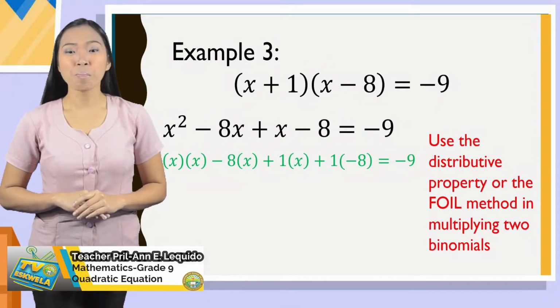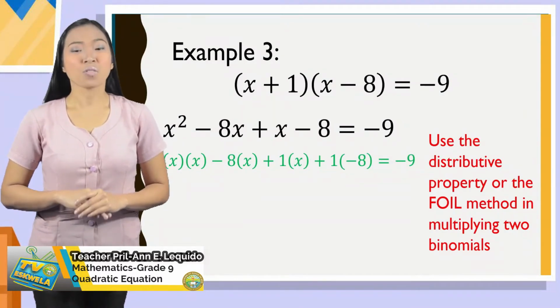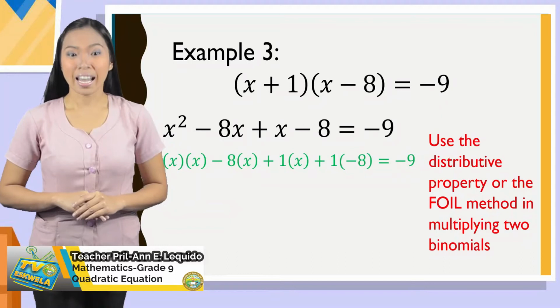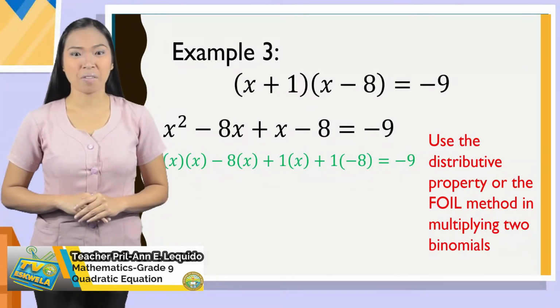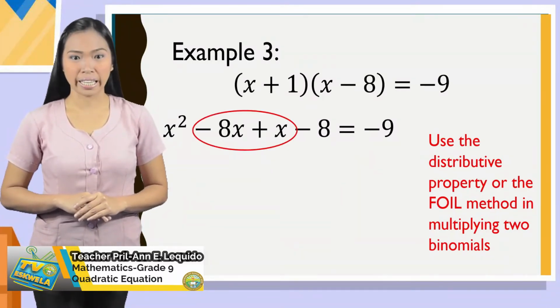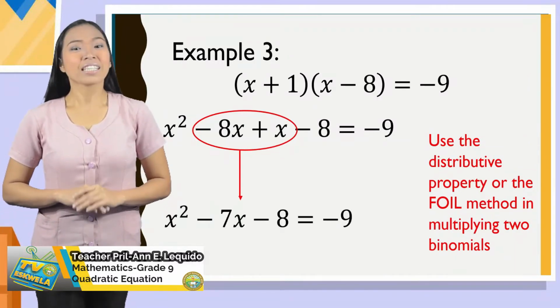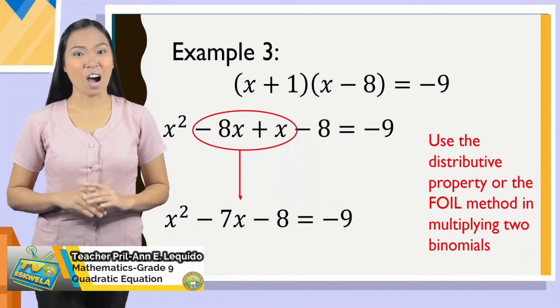Then, by combining like terms, the result is x squared minus 7x minus 8 equals negative 9. The left side of the equation is now all good.